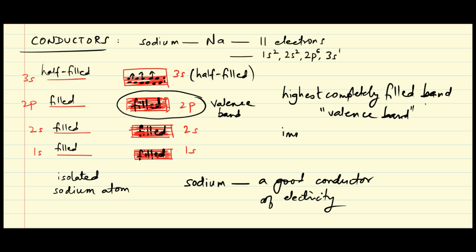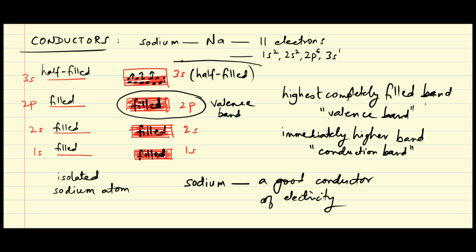The immediately higher band after the valence band is called the conduction band, which means that for a sodium crystal the 3s energy band becomes the conduction band. And obviously the name conduction band is because the electrons in this band give sodium its conductivity.